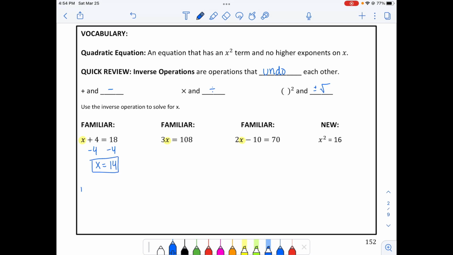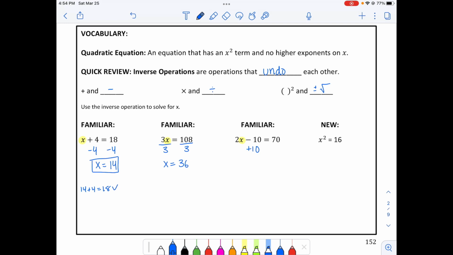I could plug 14 back into my equation, and I would see that I get something that's true. Similarly, when I have 3x equals 108, 3 times what is 108, I could divide by 3 to solve this, and I would get 36. Or 36 times 3 equals 108.